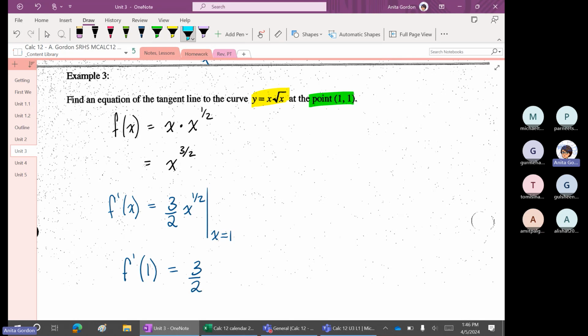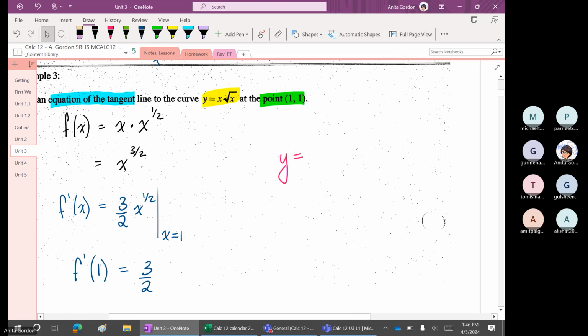Okay, and again, what is the equation of the tangent line? So I'm looking for point slope form. What would I write? 3/2 is my m. X minus 1 plus 1. Okay, so point of interest and the slope at that point.